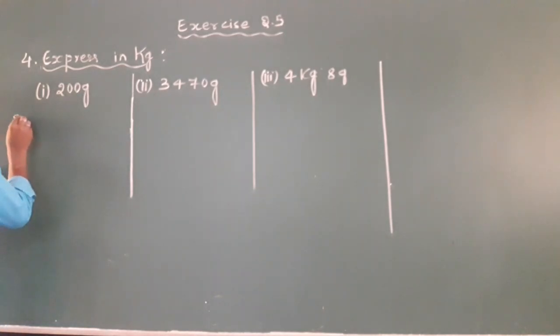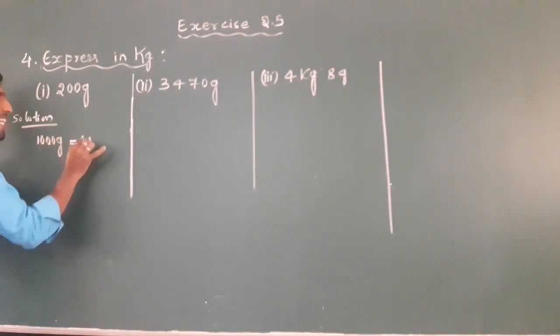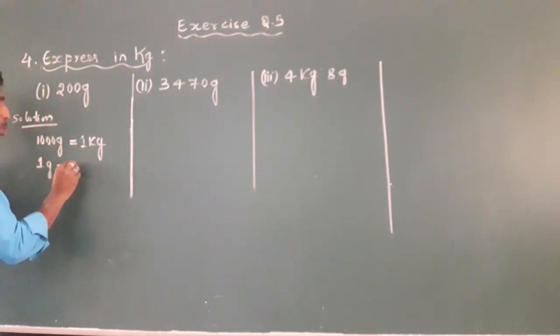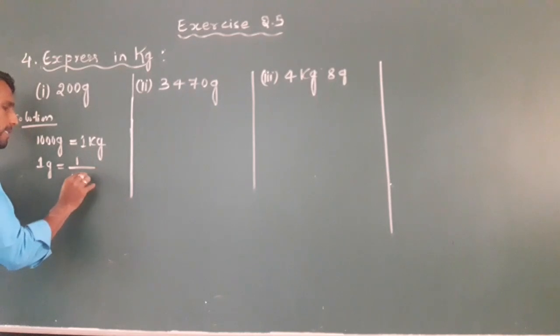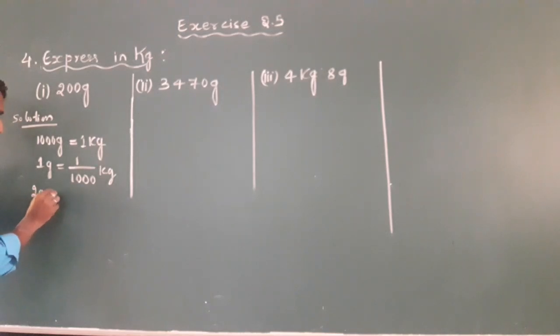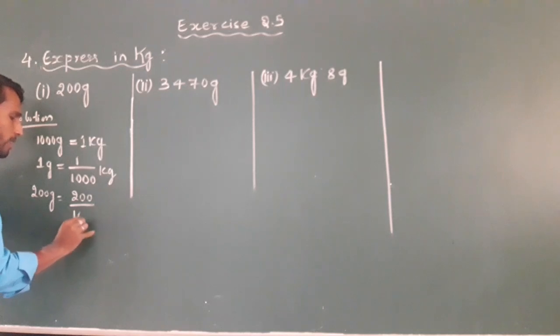Let us see the solution. 1000 grams equal to 1 kg. Then 1 gram equal to 1 by 1000 kg. Now we have 200 gram, equal to 200 by 1000.